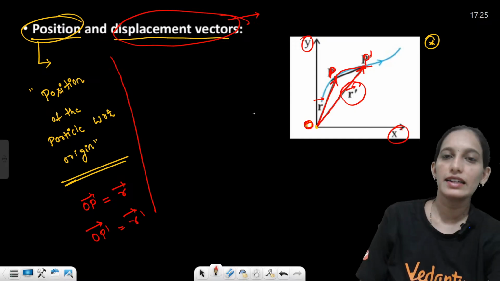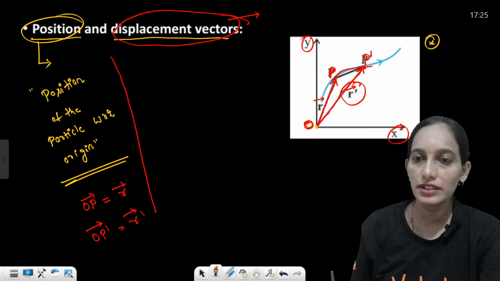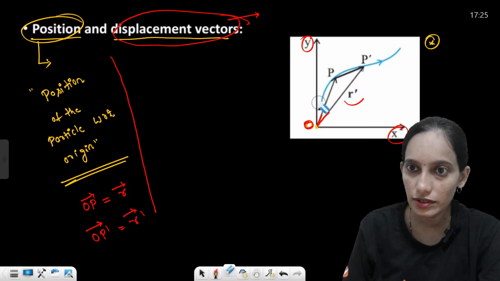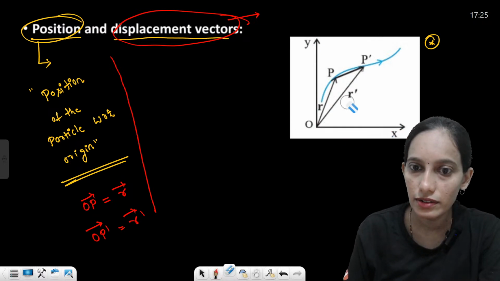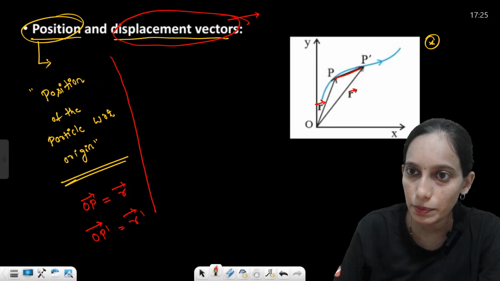Correct, exactly. So now, to represent displacement in vector notation, let me just consider here. So we had our R vector, R dash vector. So the displacement is from P to P dash, right?